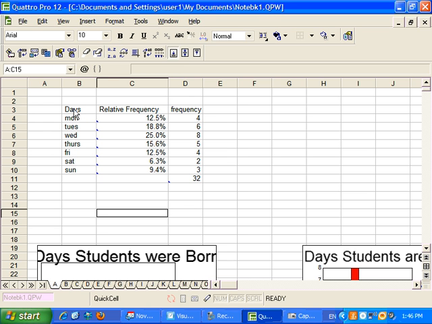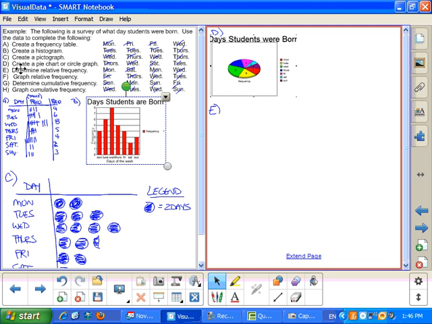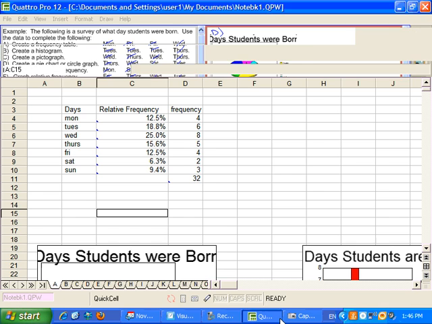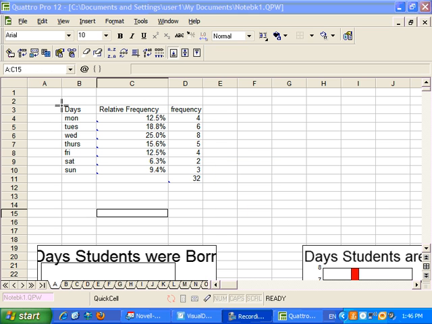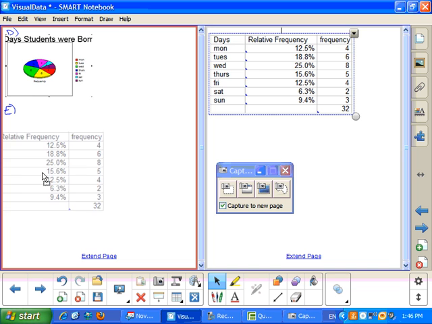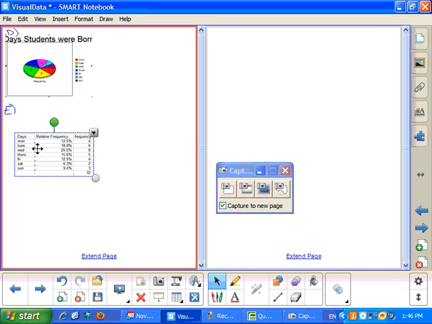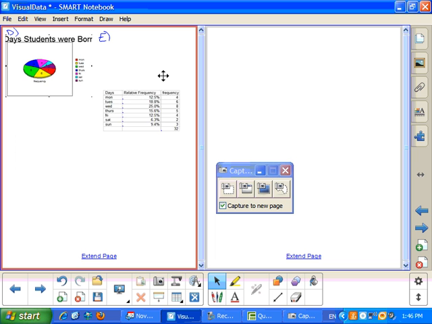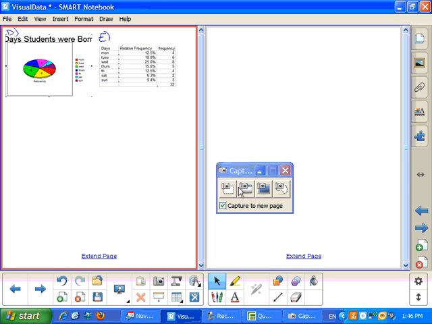So there is our answer to question E. I'll just take a snapshot of this for the moment, just to bring it forward, and bring it back to this page. We'll shrink it down. I'll move E up here. So there's our relative frequency.